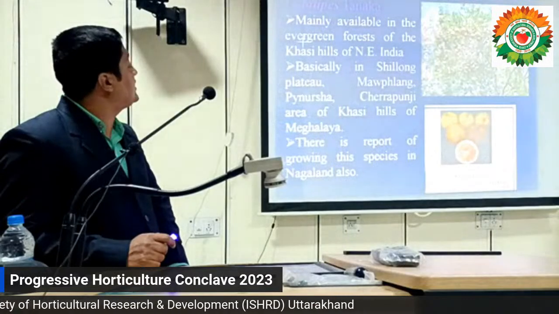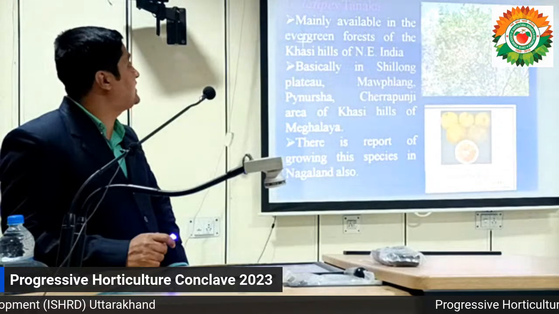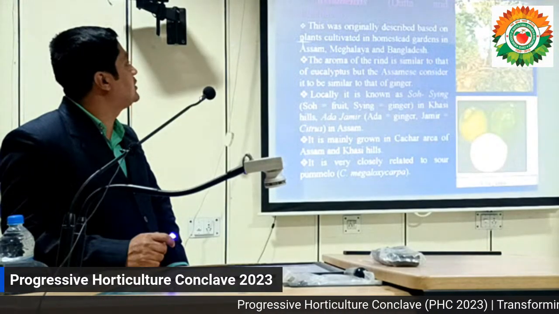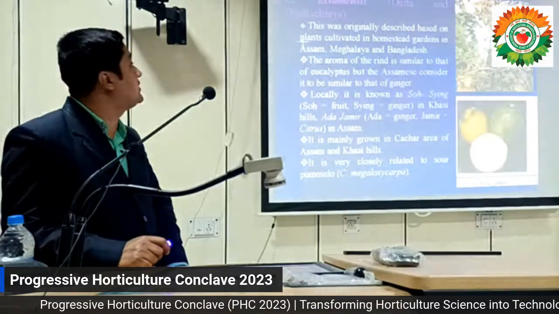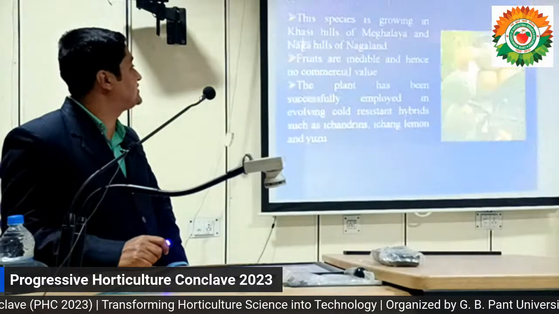In addition to that, some other citrus species are also found in the wild and semi-wild stage. Citrus latipes, then Ada Jamir, which also has a flavor just like that of ginger. That's why it is known as Ada Jamir, and scientifically it is Citrus assamensis.